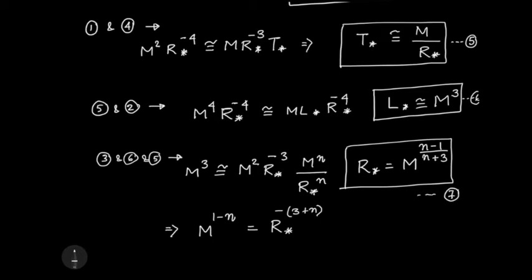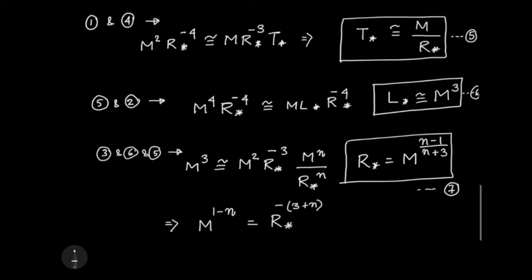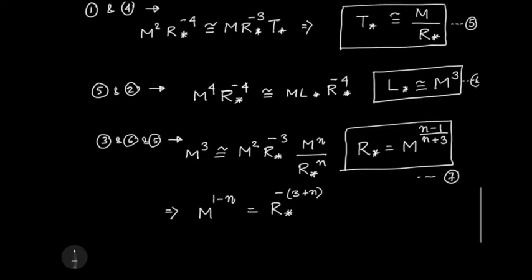You see, we start getting everything in terms of the mass. We got luminosity and radius in terms of mass. We can also write the temperature in terms of mass if I use 5 and 7. So T star is M by R star.